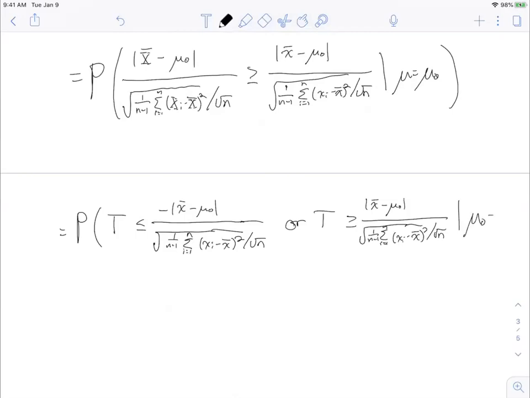All of this given mu equals mu 0. And in this expression, t is equal to x bar minus mu 0 over the sample standard deviation as a random variable divided by the square root of n. So the t statistic.